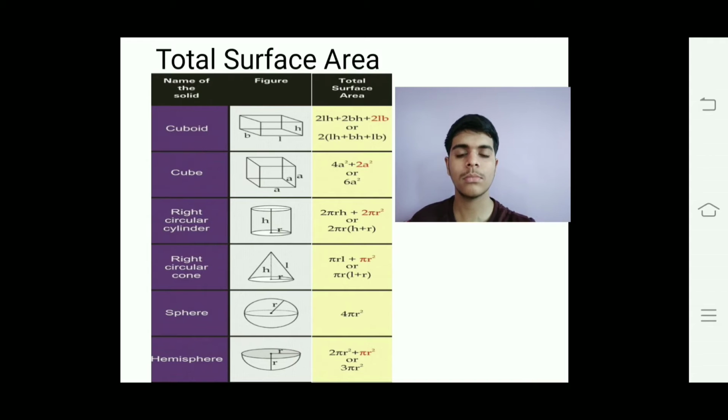Then for cone it will be pi r of r plus L, whereas we discussed L is equal to under root h square plus r square. And then for sphere it will be 4 pi r square, and then for hemisphere it will be 3 pi r square, which is because the addition of the base area, that is pi r square plus 2 pi r square.